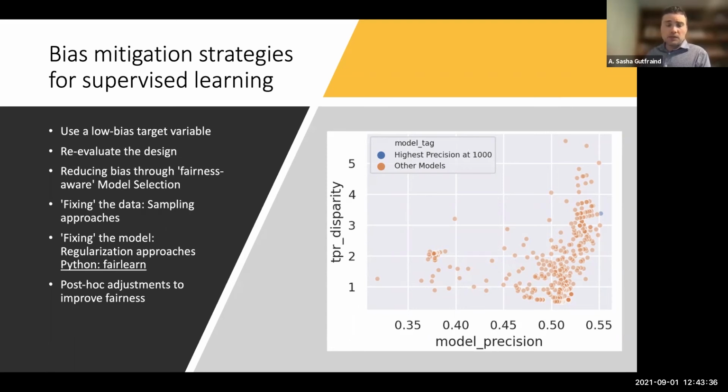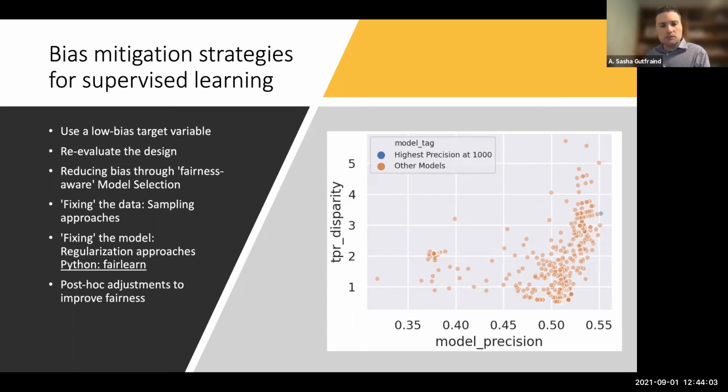There are many ways of designing an algorithm for supervised learning. And so frequently when we see an algorithm that results in a lot of bias, we can redesign the algorithm in various ways to reduce the bias. For example, we could select different variables, change the data set. There are actually toolkits, and this is where you see an illustration here, that allow you to select a low bias algorithm.